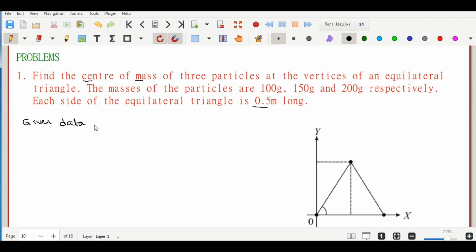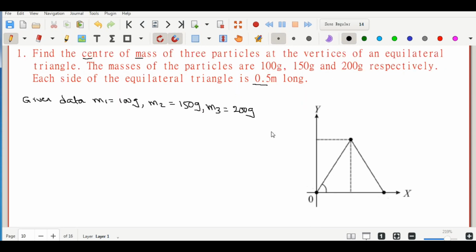That is, m1 is equal to 100 gram, m2 is equal to 150 gram, m3 is equal to 200 gram.